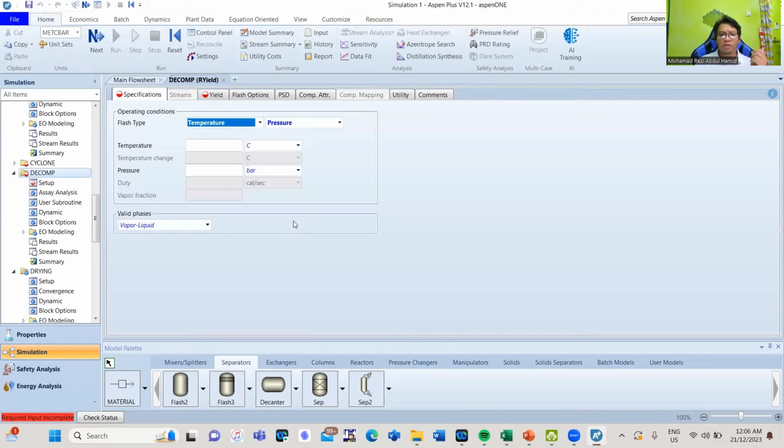Just double click, set the temperature to, let's see, 500. So decomposition occurs at 500 according to the paper. But for drying, the funny thing is the paper specifies 500 as well. But in my case, I specify 150 because it makes more sense for the drying process to occur at 150 as opposed to 500, because those are the first step of the pyrolysis process.